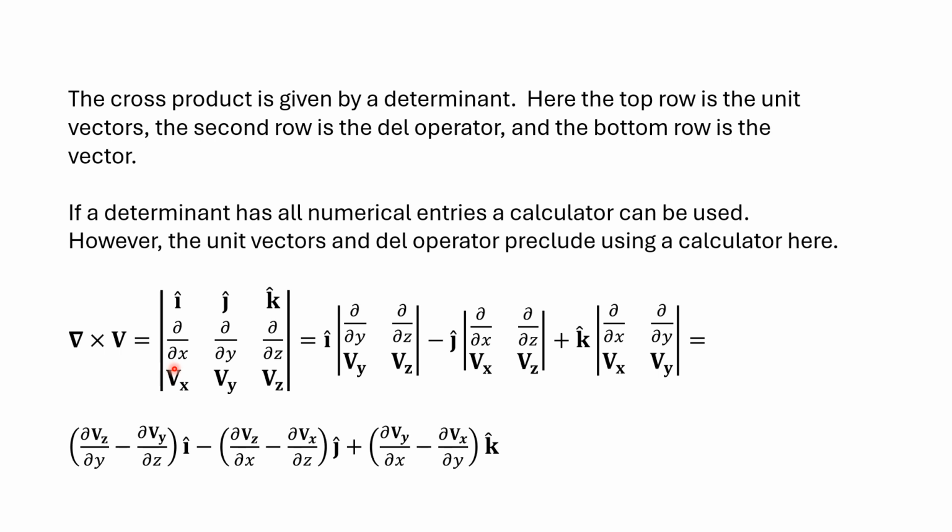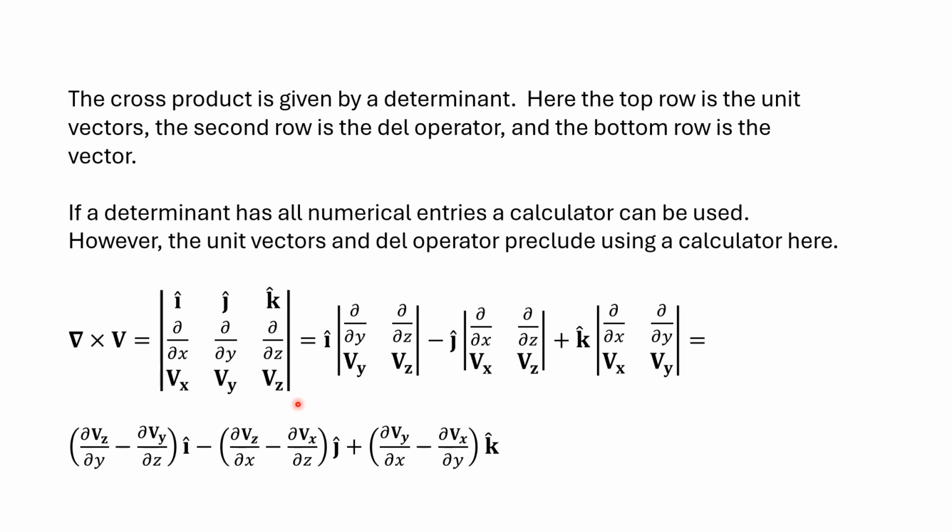Then we put the second row as the three partials operating. And in the third row, we put the components of the vector, Vx, Vy, Vz. Here what we're going to do is expand by minors.